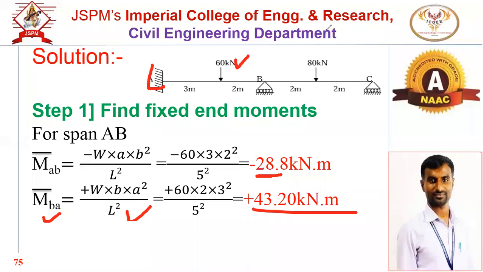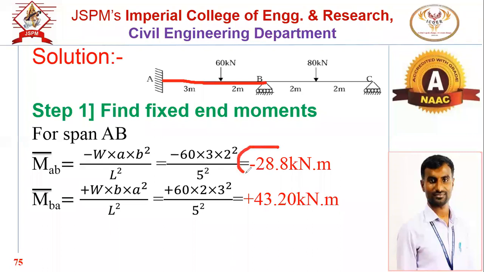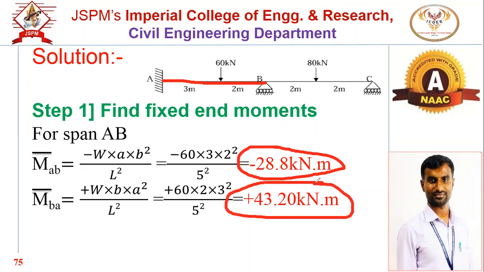As we know, the loading is not symmetrical if you observe member AB, so we get different moments. No doubt the first moment is always anti-clockwise as per our sign convention, and anti-clockwise is minus. Since loading is not symmetrical, we get two different fixed end moments.